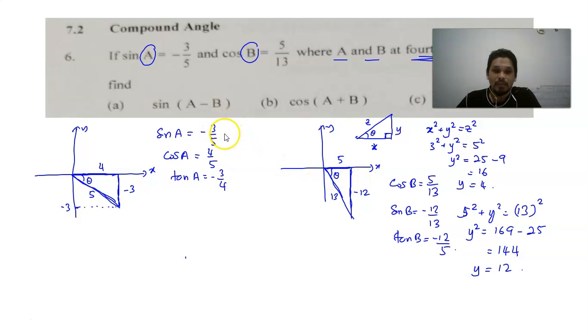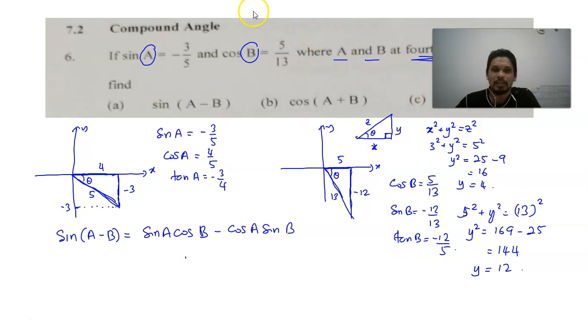So we got to record the value of every single angle here: sine A, cos A, tangent A, cos B, sine B, and tangent B. Now it's time for us to use all these values in this formula, where sine of A minus B equal to sine A cos B minus cos A sine B. You still remember the formula of this?